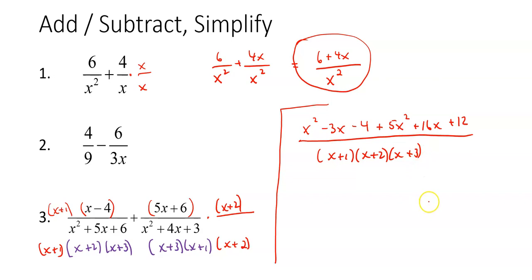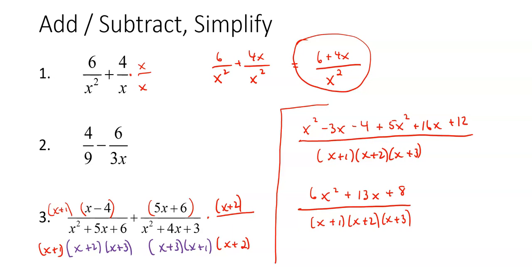All right, now let's simplify that top. x squared plus 5x squared is 6x squared. 16x minus 3x is plus 13x, and 12 minus 4 is 8. On the bottom, I have x plus 1, x plus 2, x plus 3. All right, so at this point, then, I have to make a decision as to whether to simplify or to factor that top, and if it's even factorable.